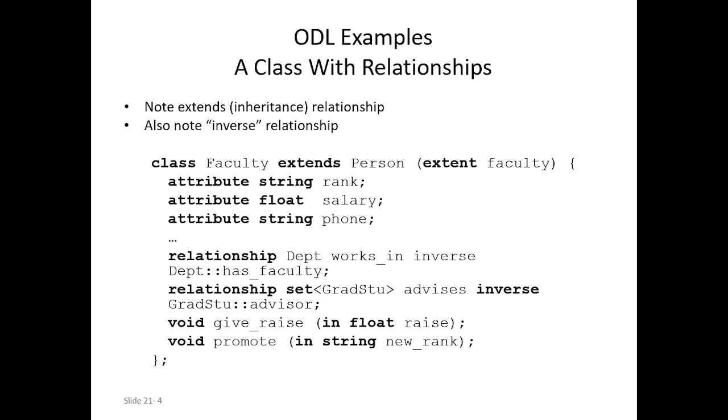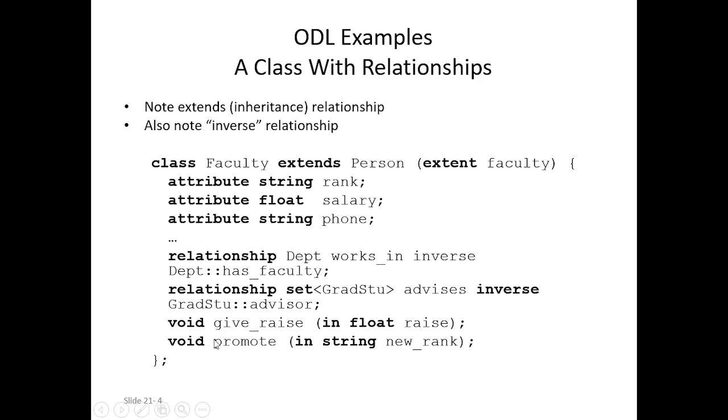In addition to these attributes and relationships, we can also include operations in object type specifications, that is class specifications. Each object type can have a number of operation signatures, which specify the operation name, its argument types, and its return value if applicable.